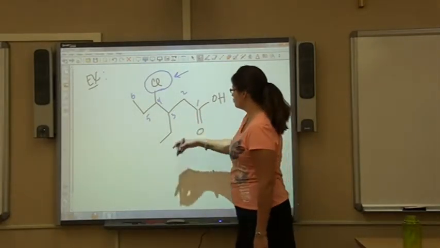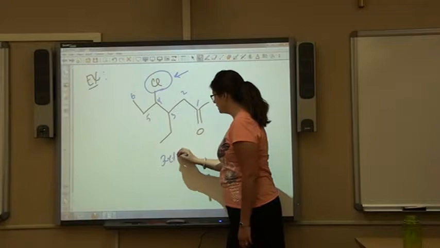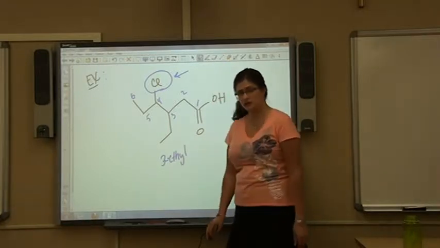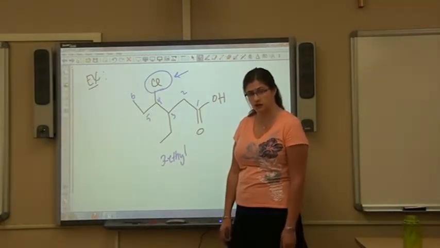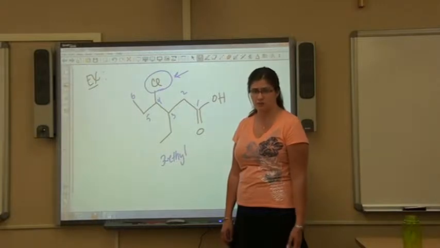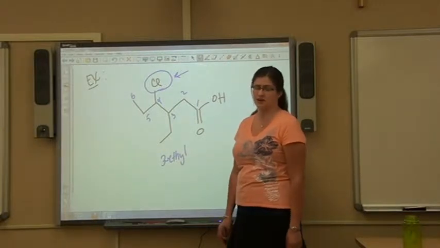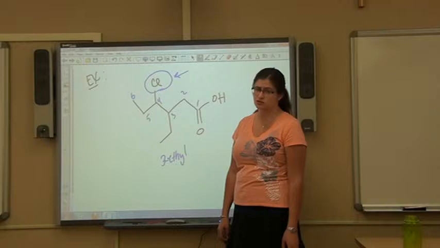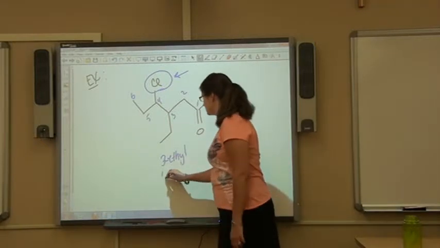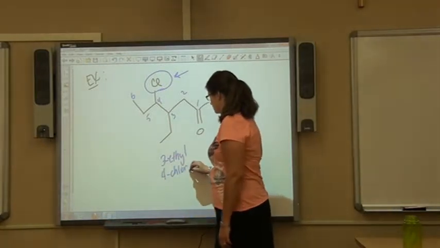So here on the 3 group we have a 3-ethyl. And so far in all of our homework that ethyl is usually coming first, right? As far as your substituents go alphabetically. Well, now that we've got those halides, chlorine is usually going to be first. So here we have that 4-chloro.